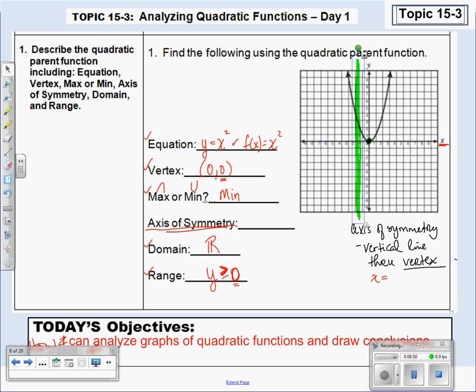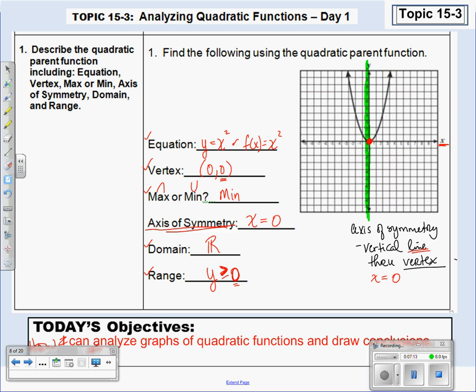So when I put my axis of symmetry back, going through the origin, we see that this vertical line touches the x-axis at x equals 0. So our axis of symmetry is going to be x equals 0. Again, it has to be an equation because it is a vertical line.